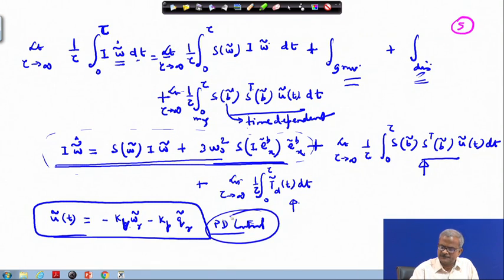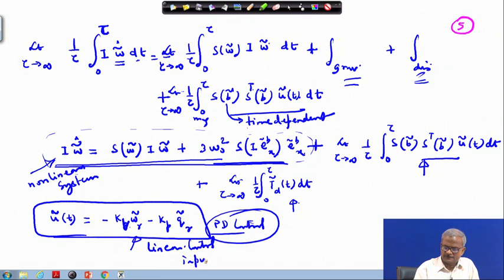If you use this PD control, this is a linear control, but the system is non-linear, we have not linearized it, and this is your linear control input, or the PD control.